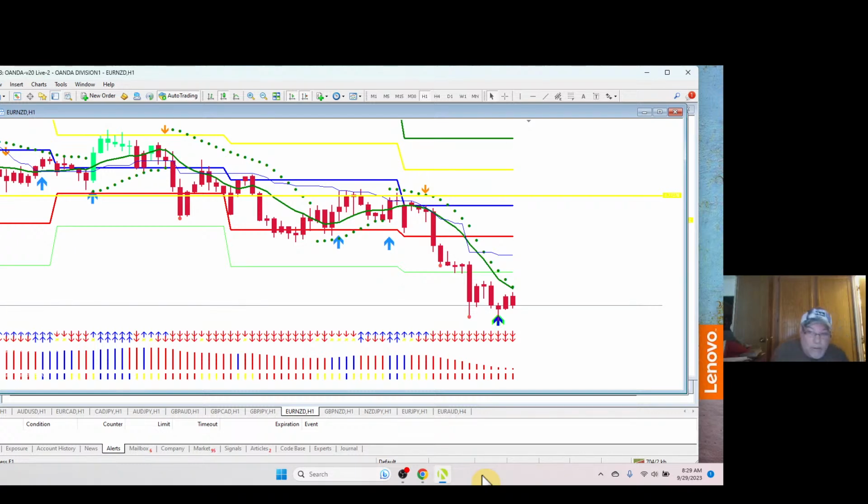Oh, there we go. So I think everything else was too high, or Aussie yen, all that stuff. It all exploded to the upside. So we'll see what this Euro New Zealand does.